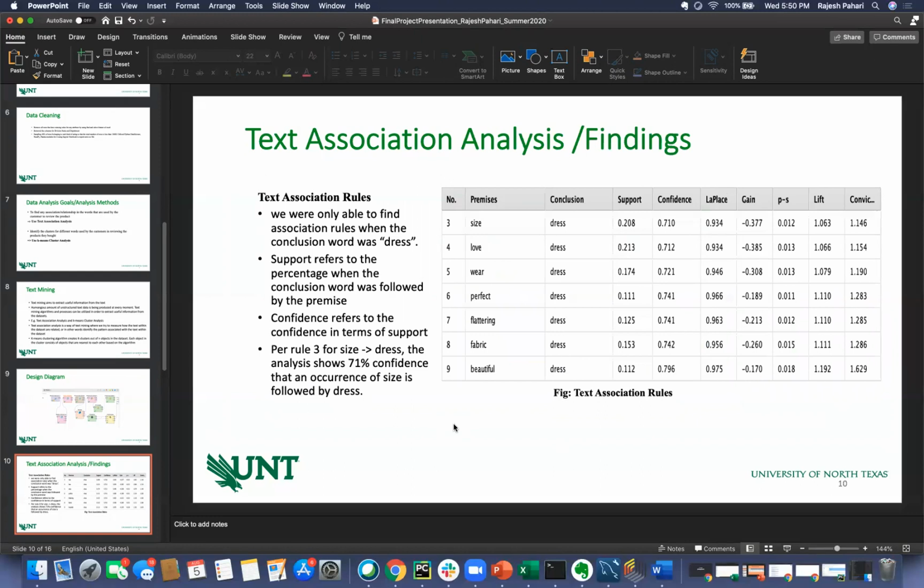Support means the percentage of times the conclusion word was followed by the premise. And confidence refers to the confidence in terms of support. If you look at rule 3, size leading to dress, the analysis shows 71% confidence that an occurrence of size is followed by an occurrence of dress.